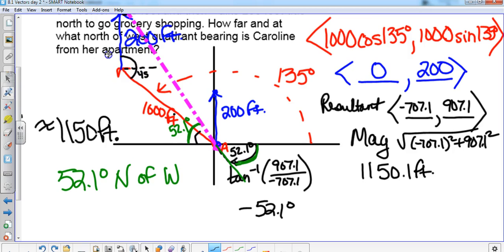By alternate interior angles, do you see the Z? And this is a 90. So 45 and 90 made that 135 in there. Okay? So then you could have done 1,000 squared plus 200 squared minus 2 times 1,000 times 200 times the cosine of 135 and square rooted it, blah, blah, blah.